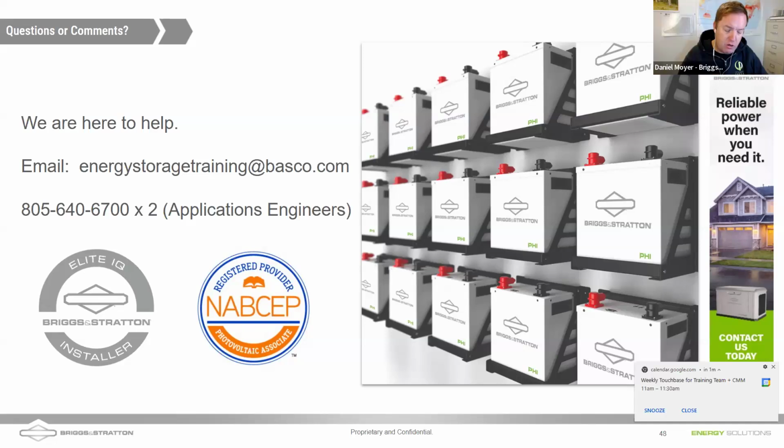WardFlex and Rego have some great apps to help you with some of that pipe sizing as well. Patrick's asking, what are the dimensions of the battery? The battery is about 7 inches deep, I believe 28.5 inches wide, and 60 inches, almost exactly 5 feet tall once you have it up on the base.